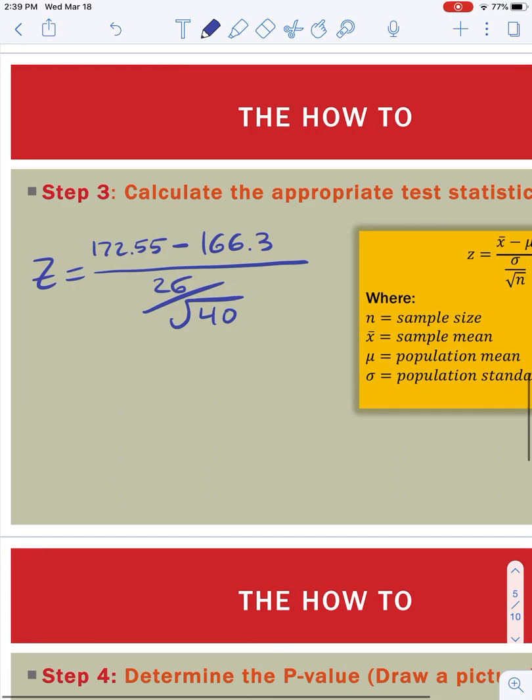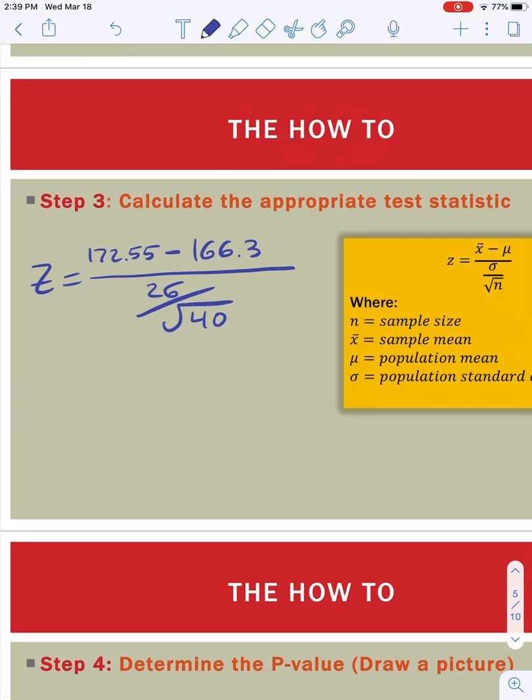So if this test statistic looks familiar to you, it should. This is actually the central limit theorem. What we're going to do in this problem is we're going to find the probability of getting this sample mean back, if this 166.3 from the null hypothesis were true. So we're going to see if that 166.3 is true, what's the chances we get this?